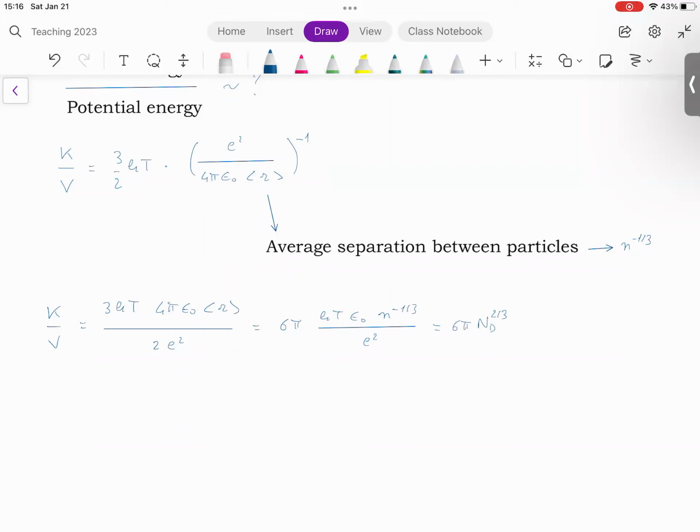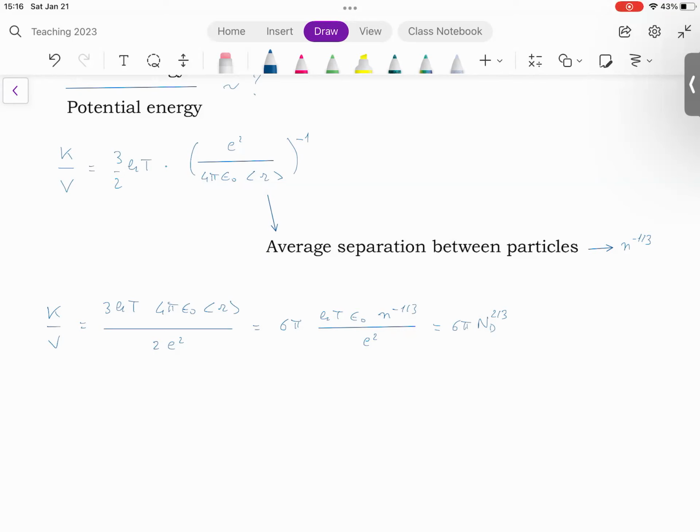That is, kinetic energy dominates the behavior of the plasma. And in the opposite case, the potential energy dominates the behavior of the plasma. That may not be that informative.